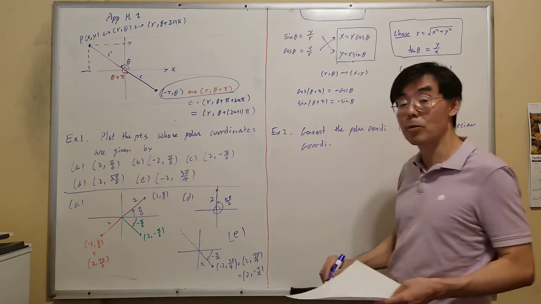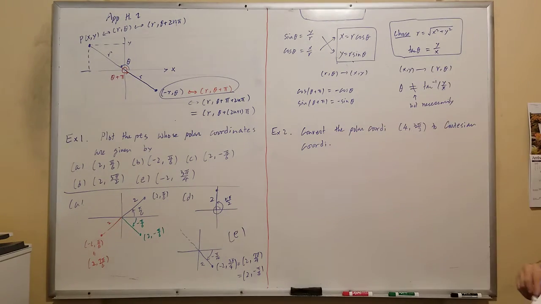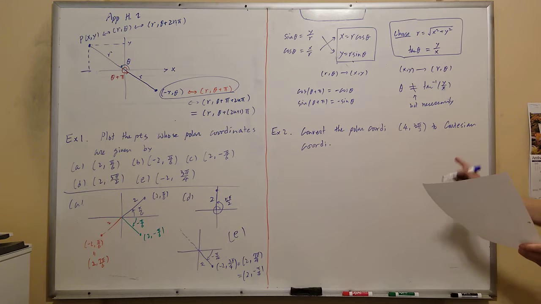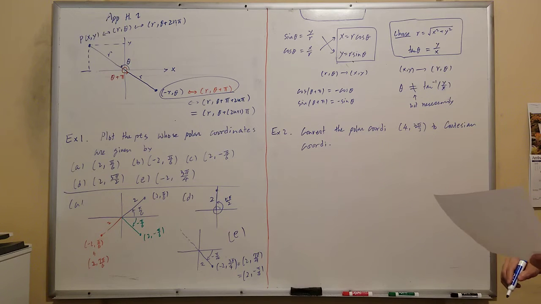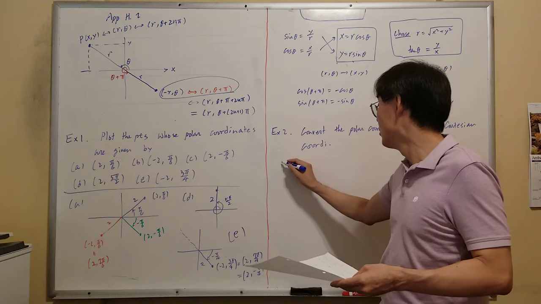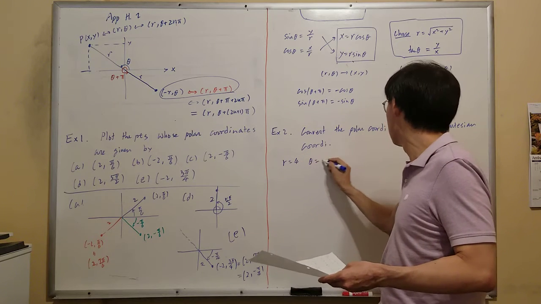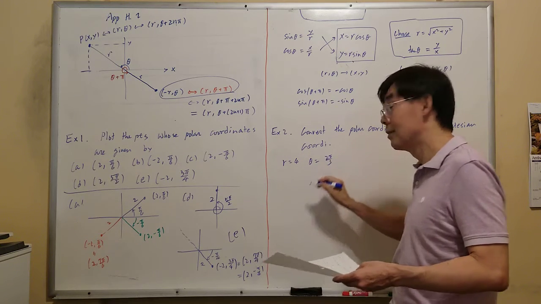Coordinate means coordinates. Cartesian means rectangular coordinate system, named after Descartes. Okay, so r equals 4, theta equals 2 pi over 3.